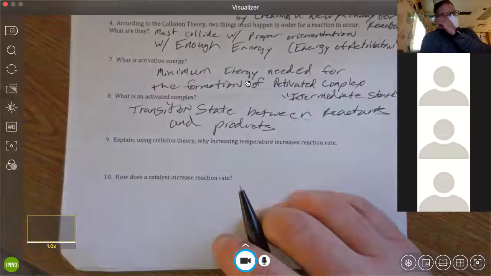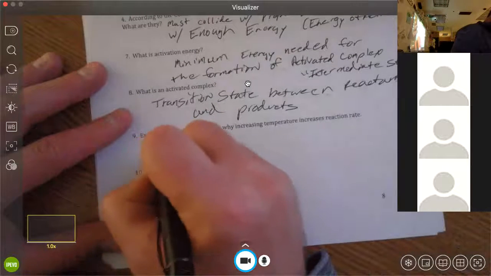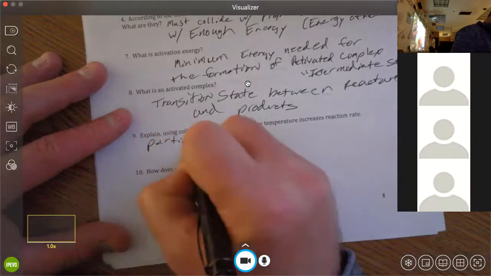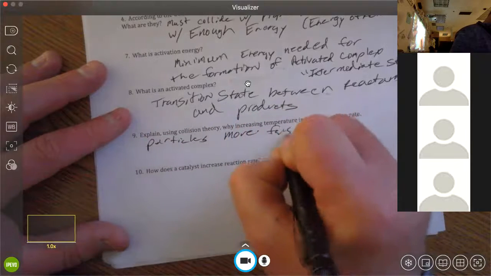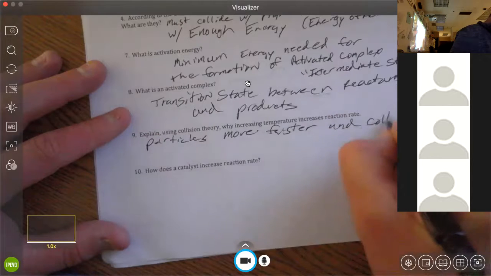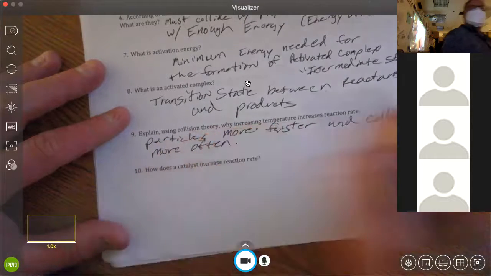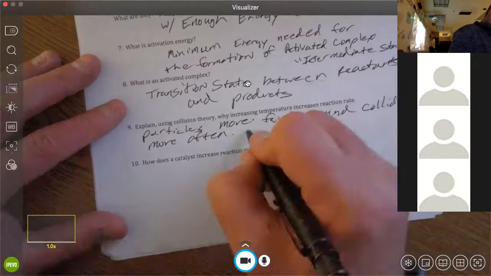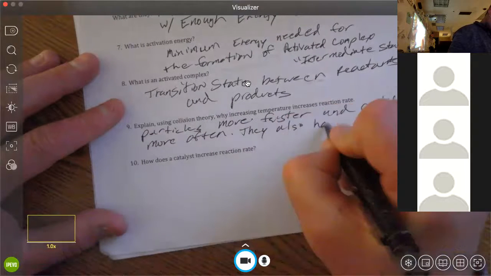Explain using collision theory why increasing temperature increases rates. Particles move faster and collide more often. They also have more energy.